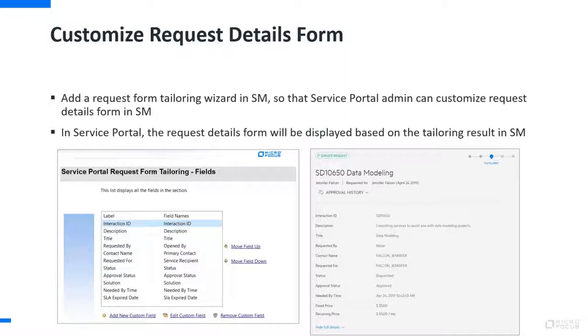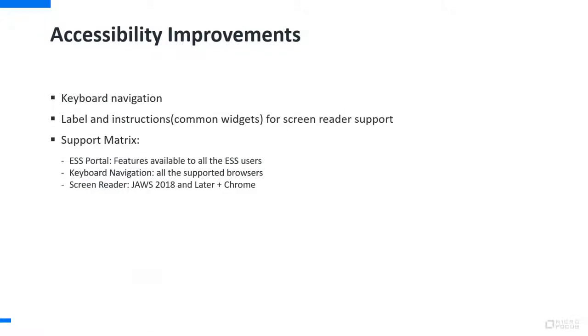The steps to configure the tailoring wizard are quite similar to the way you do the checkout panel customization. So once all the definitions have been defined in the Service Manager side, in the portal side, corresponding details will be displayed in the request detail page of the service portal. So that's another improvement in the May release.